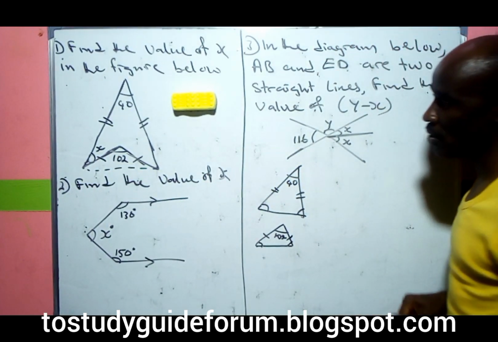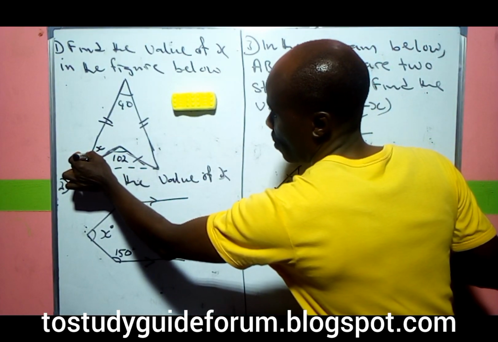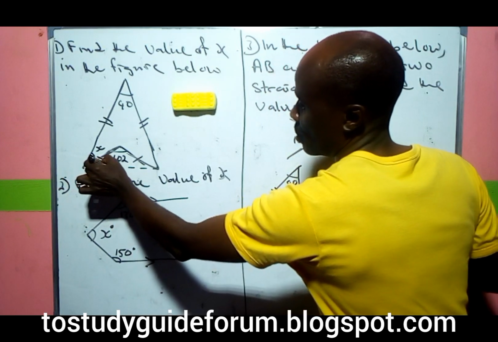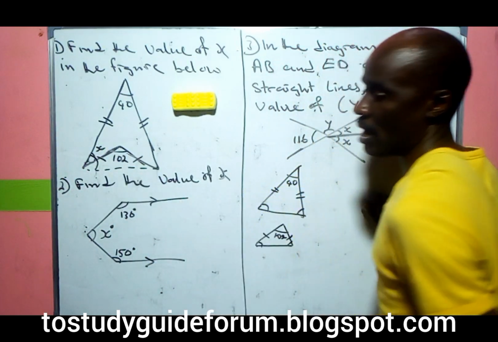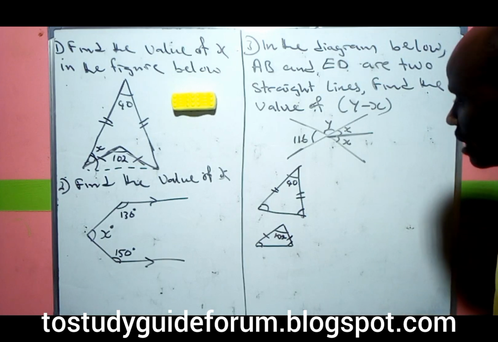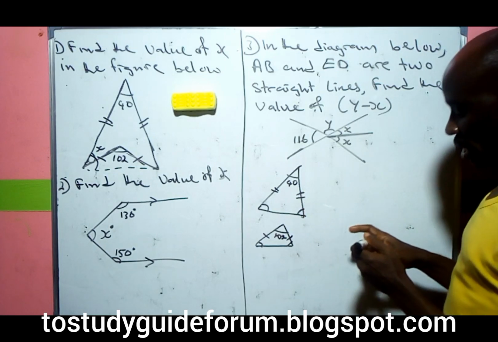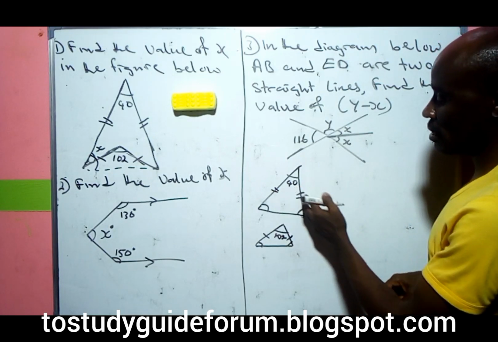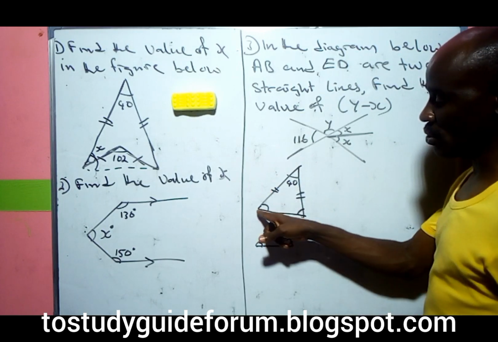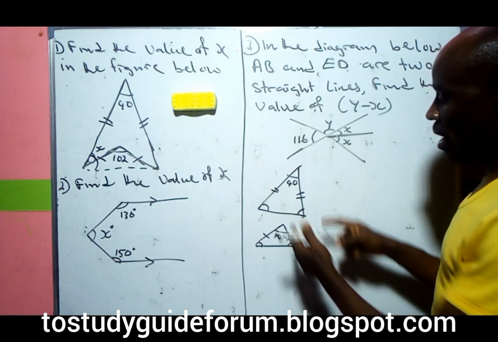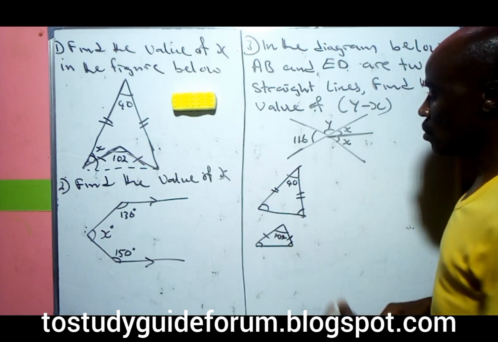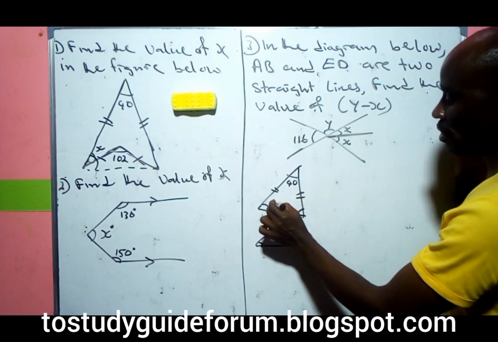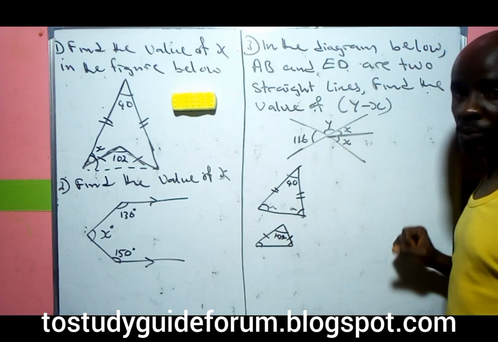To find the value of x, we subtract the smaller angle from the bigger one. So let's quickly do that. We know that this is an isosceles triangle. These two lines mean the two angles are equal and the two sides are also equal. So if this angle is A, this other one will be A too.